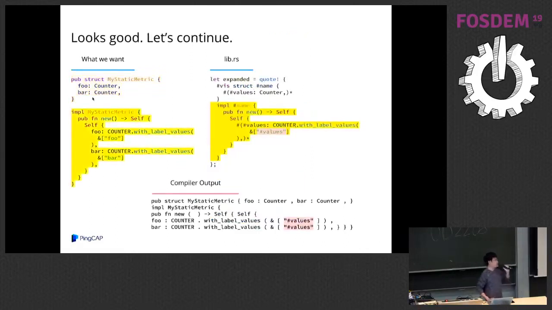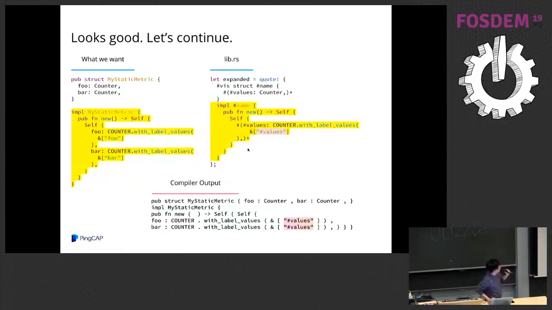Now, let's generate the rest. It's impl MyStaticMetric. I want to transform token strings into this part. And so I naively write code like this. It's just, for example, the same repeat list.